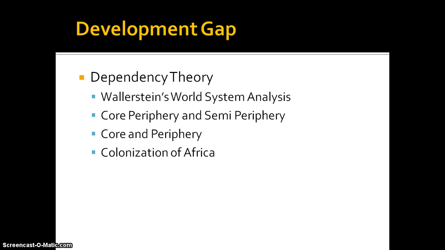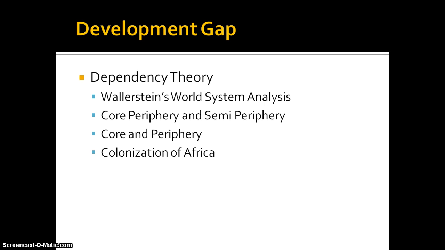If you remember when we talked about the dependency theory, I'm not going to go through it in detail because I went through that in the political unit. And so if you want to, you can go back and look at that video. Basically, you look at that idea of Wallerstein's world system analysis and the relationship between the core, the periphery, and the semi-periphery, and how the core gets raw materials from the periphery countries.